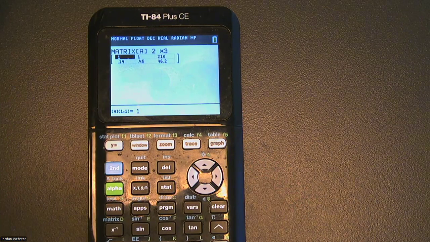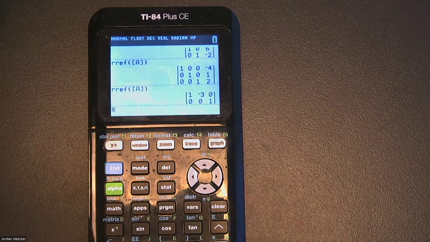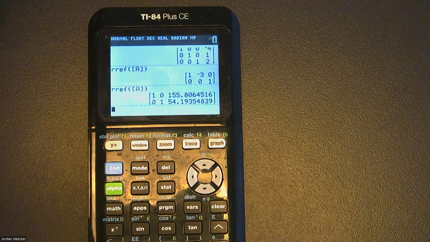Okay. And if you remember last time, we said, oh yeah, they meet up at about 155.81 and then 54.19. Right, when we did this our first time going through this problem.